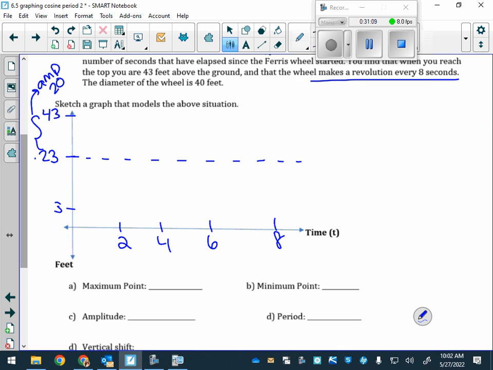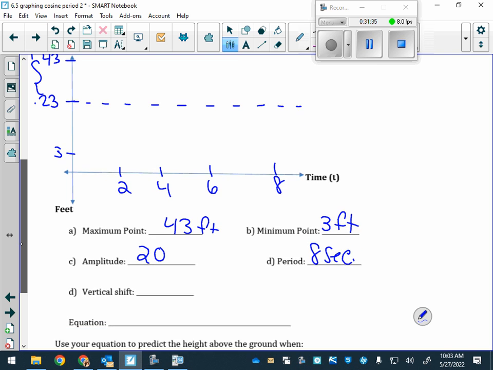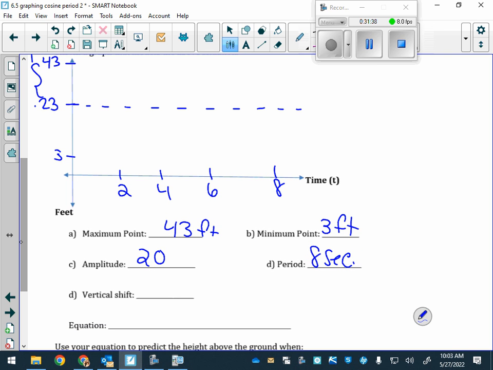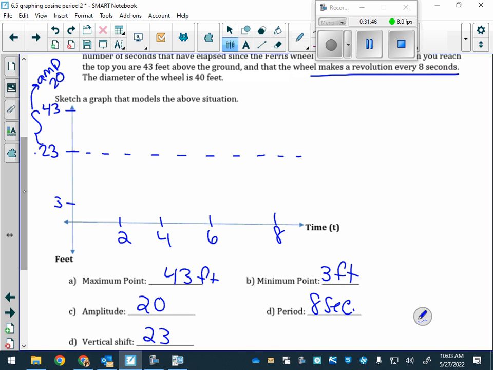Okay, so now we know the maximum value is 43 feet. The minimum value is 3 feet. The period is 8 seconds. Okay, the amplitude is 20. The vertical shift, which is our midline, is what? 23. Okay. Before we decide what our equation is, where are we starting?